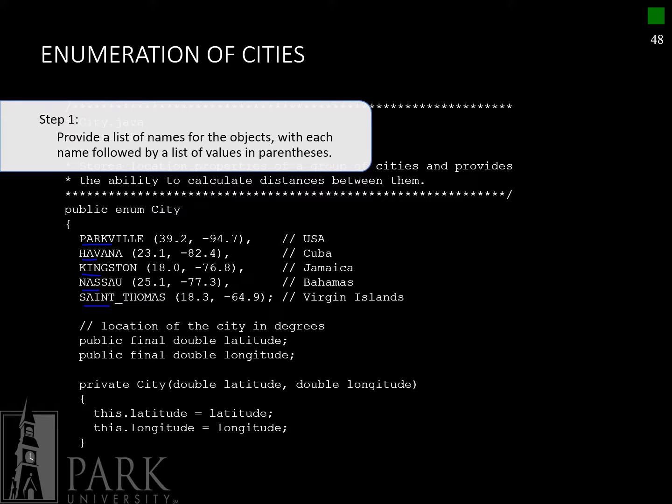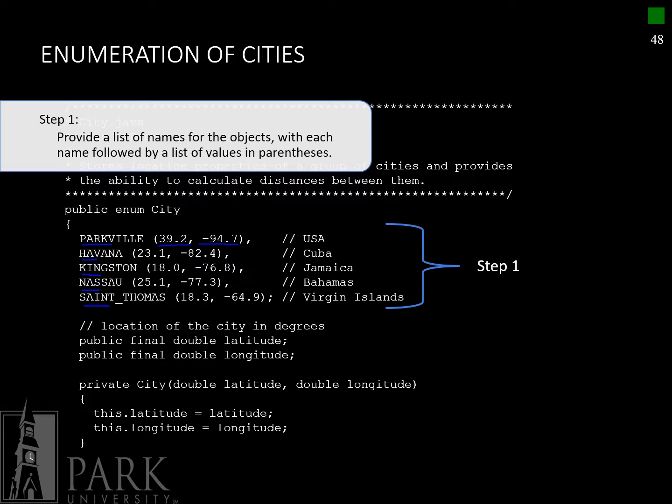With each name followed by a list of values in parentheses. Here we have 39.2 and negative 94.7, and so on and so forth. Okay, that's not that confusing. Provide a list of names for the objects with each name followed by a list of values in parentheses.